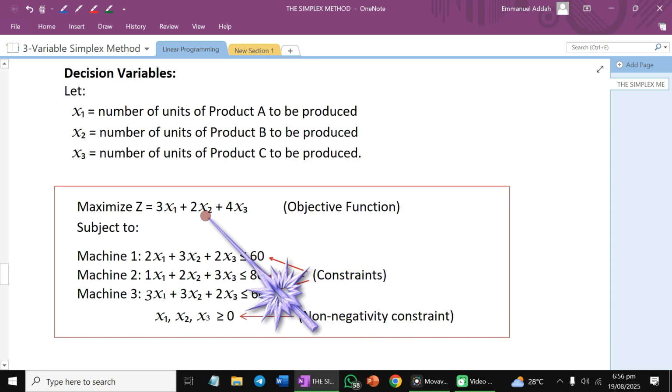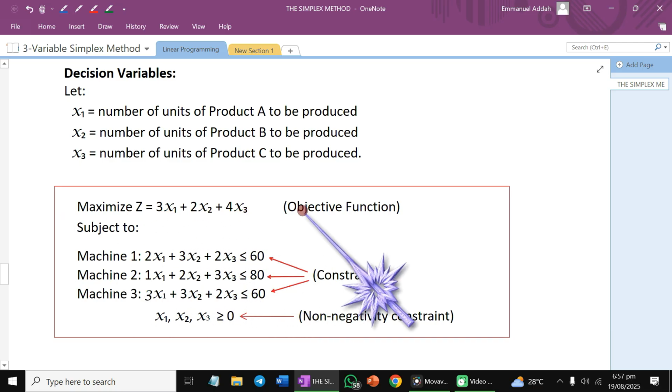If we produce a unit of x1, which is product A, we make a profit of $3. If we produce a unit of x2, which is product B, we make a profit of $2. If we produce a unit of x3, we make a profit of $4. So we're maximizing 3x1 plus 2x2 plus 4x3. This is the objective function.